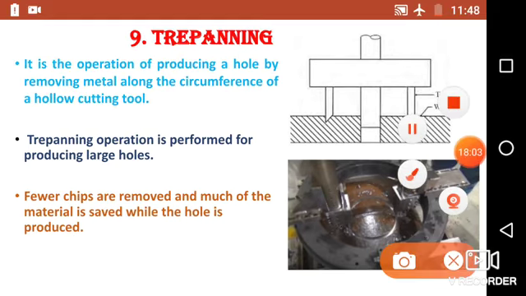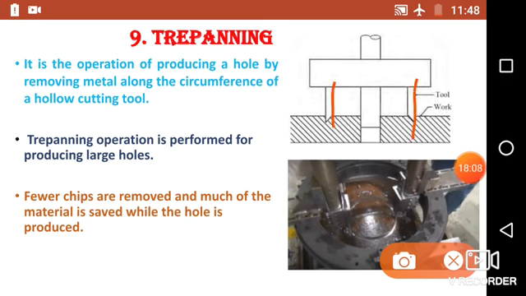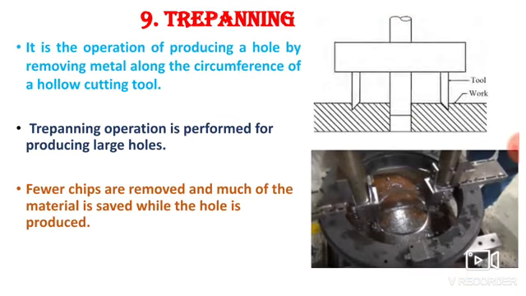So here you can see this is a trepanning tool, and it has two cutting edges over its periphery, and this cutting tool can rotate along its own axis, and the actual feed is given to this cutting tool. As the feed is given, it will remove the material over the circumference, and we can produce a hole inside the workpiece. Okay. So trepanning operation is performed for producing a larger hole.